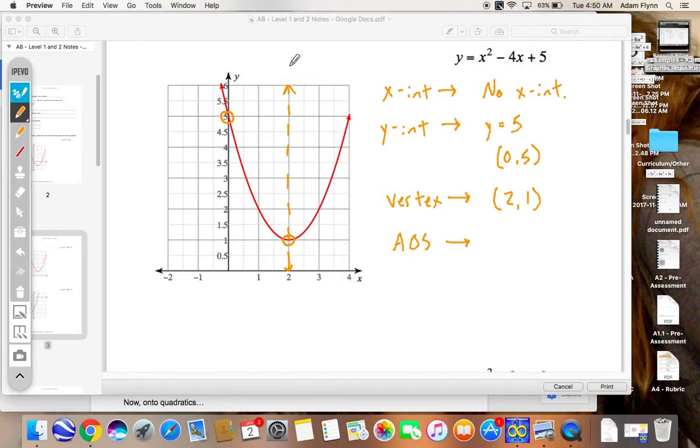So the equation for this line I know is x equals 2. That would be my axis of symmetry. Okay, pause the video if you need more time.